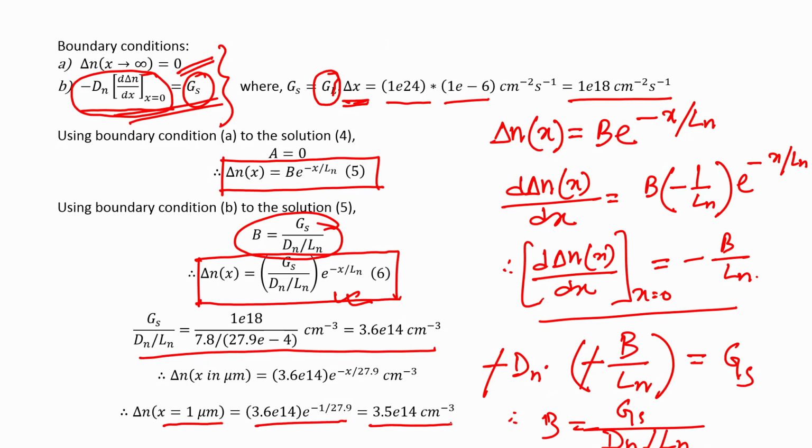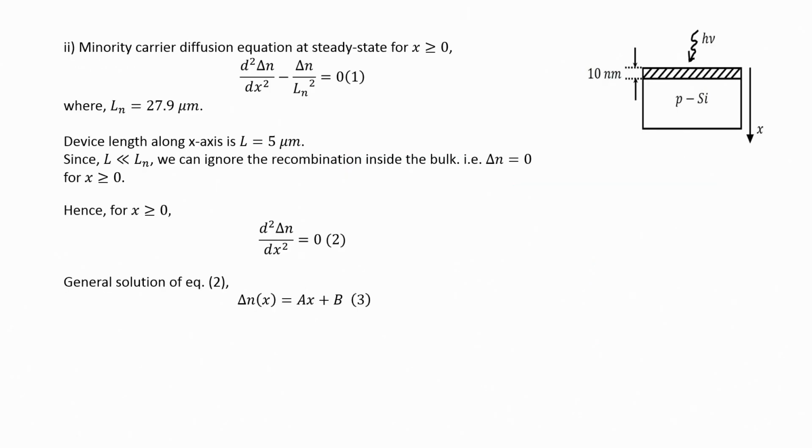Next part of this problem states that you have to find the excess electron concentration again at x equal to 1 micrometer, but here the boundary condition gets changed because of the finite dimension of the device. Now, the device dimension becomes L equal to 5 micrometer, and this is x equal to 0.